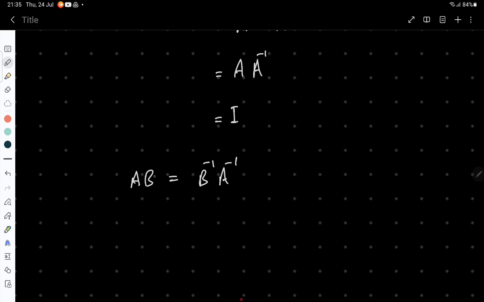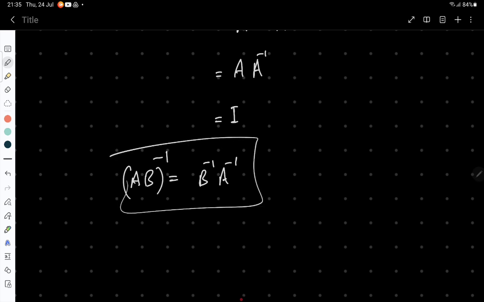In other words, the inverse of this is this, the inverse of this is this, hence it is proved. This is what we wanted to prove.